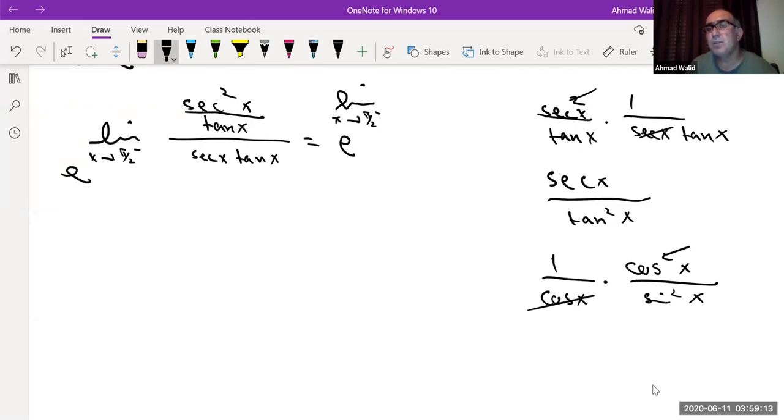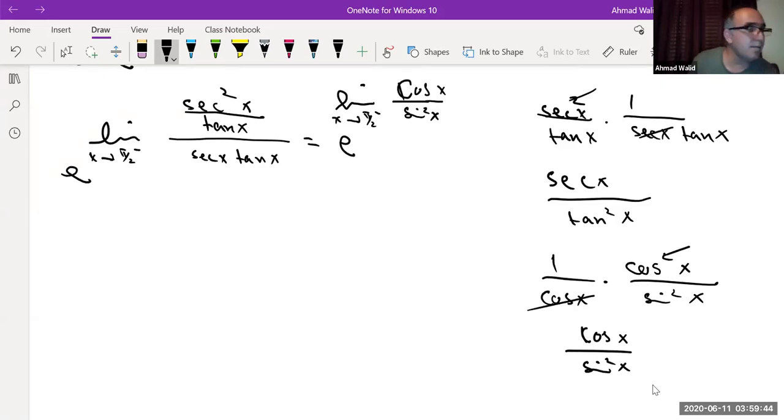Cosine cancels out with cosine, you end up with 1 over sine squared x. Bring that value here. It means e to the power of limit of 1 over sine squared x as x approaches pi over 2, correct? And also not 1, sorry, I missed, we have a cosine also: cosine x over sine squared x as x approaches pi over 2.